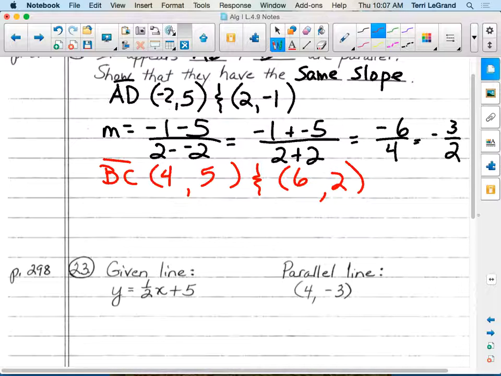Okay, does line segment AD have a slope of -3 halves? Does that match the behavior on the graph? Is the line segment falling from left to right?